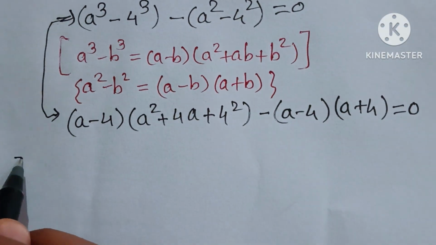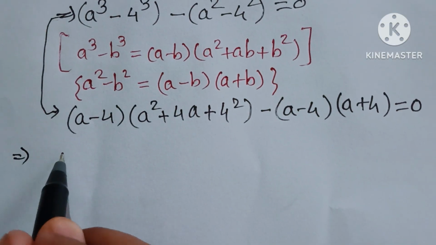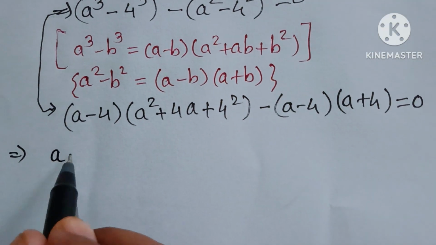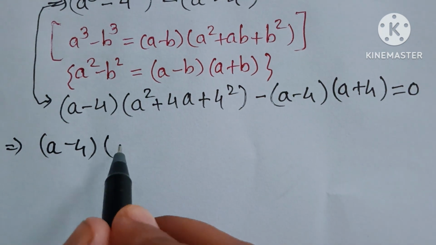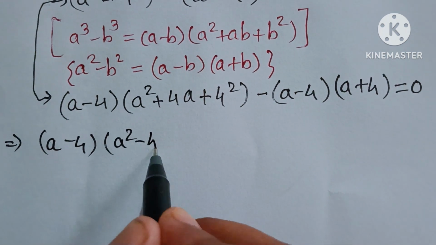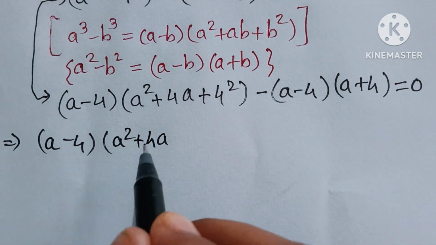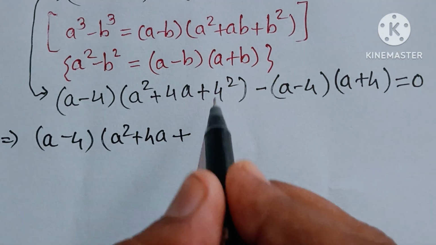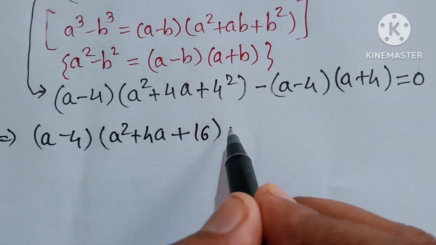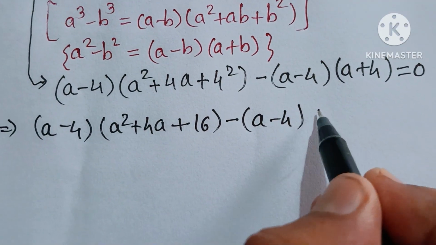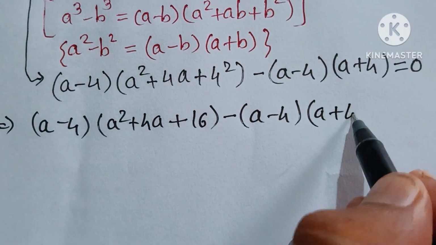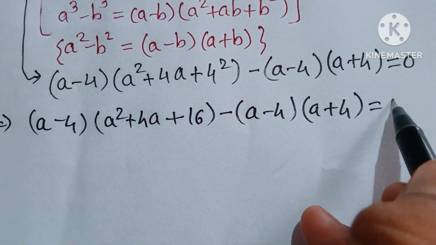Now (a − 4)(a² + 4a + 16) − (a − 4)(a + 4) = 0.